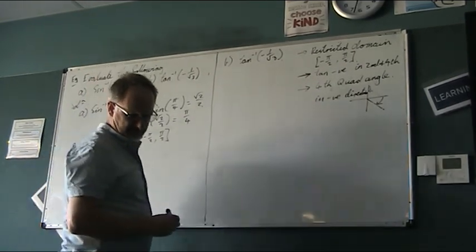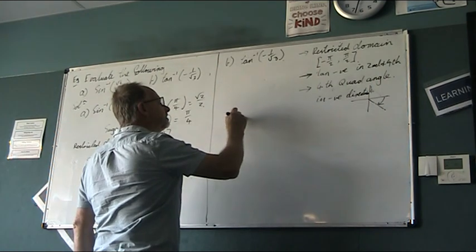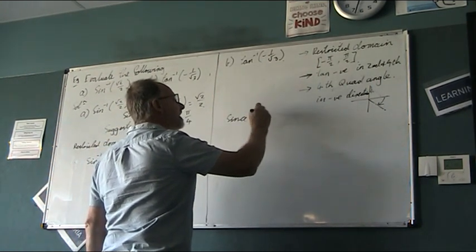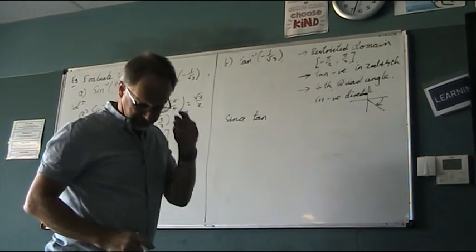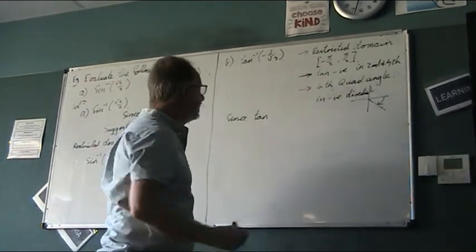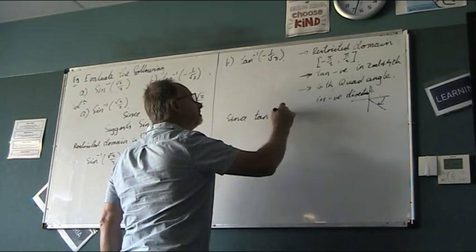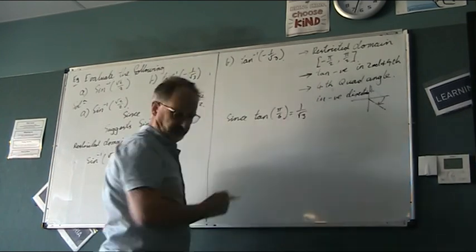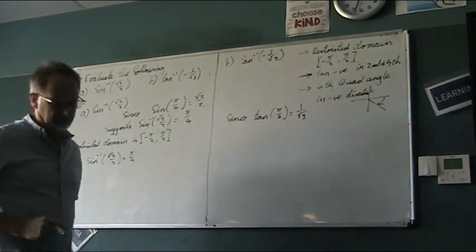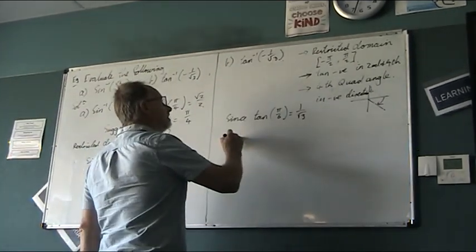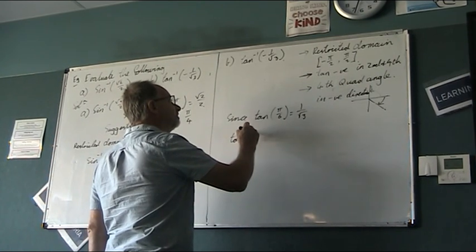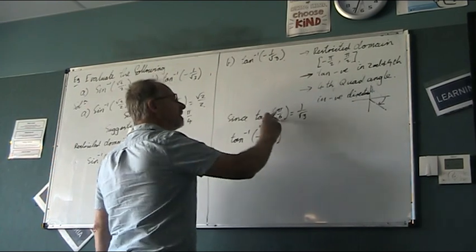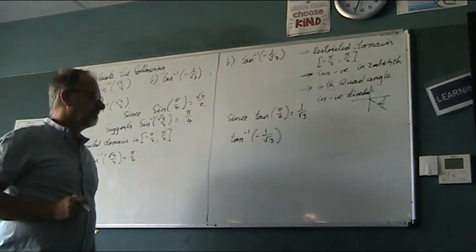So, since tan of pi on 6 is equal to 1 on root 3, tan minus 1 of negative 1 on root 3 is going to relate to pi on 6.